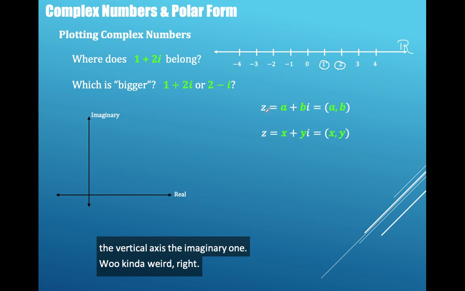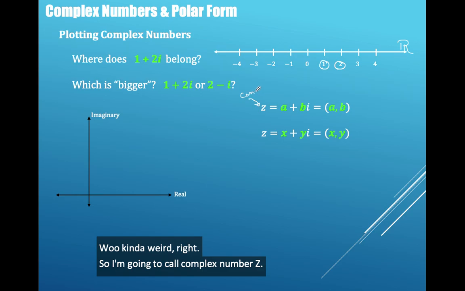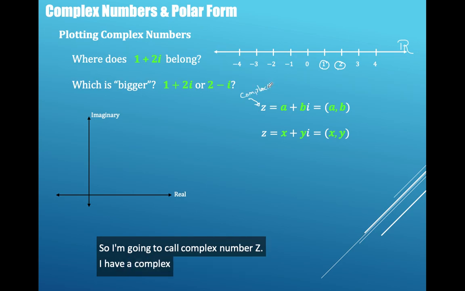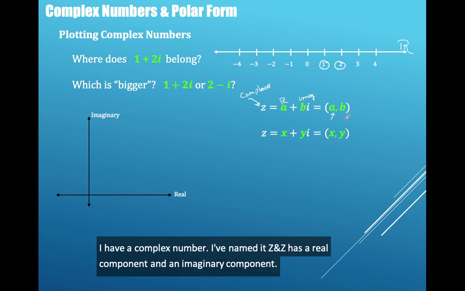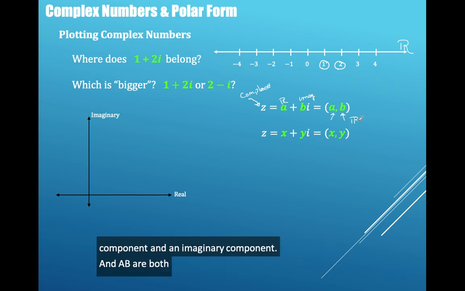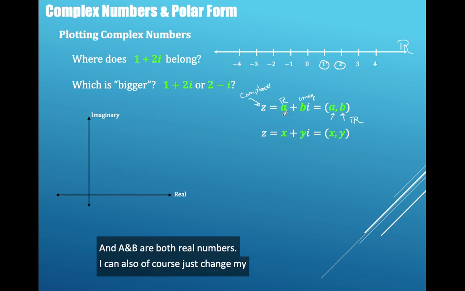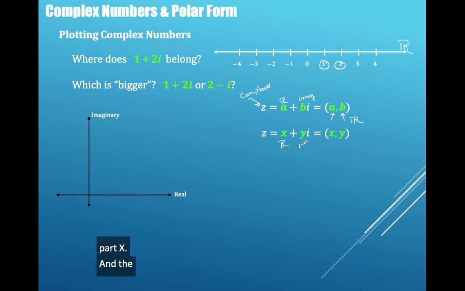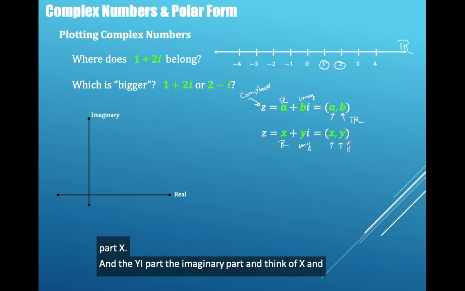So I'm going to call a complex number z. I have a complex number, I've named it z, and z has a real component and an imaginary component, a plus bi, where a and b are both real numbers. I can also, of course, just change my variables and call the real part x and the imaginary part yi, and think of x and y as real numbers.